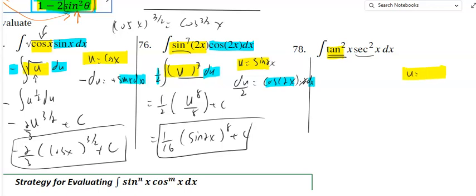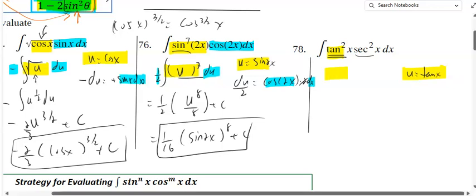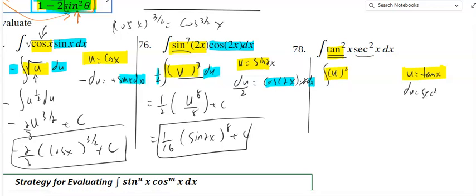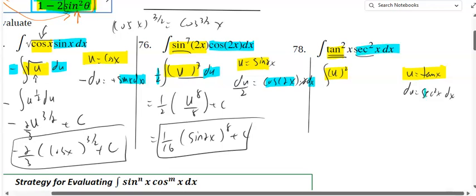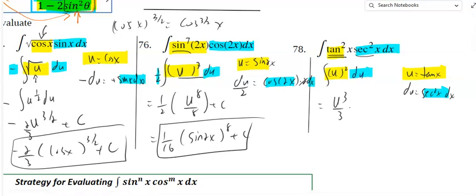If I take a derivative of tangent, it is secant squared of x dx, and I notice that that works. And this is u cubed over 3 plus c, and that is tan of x cubed divided by 3 plus c.